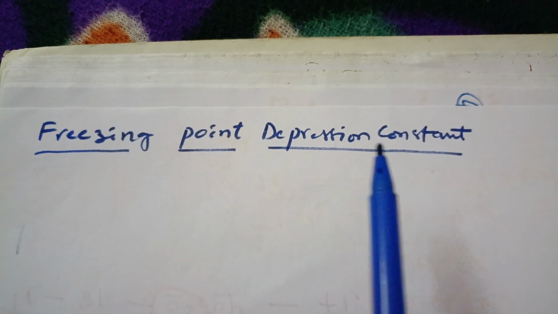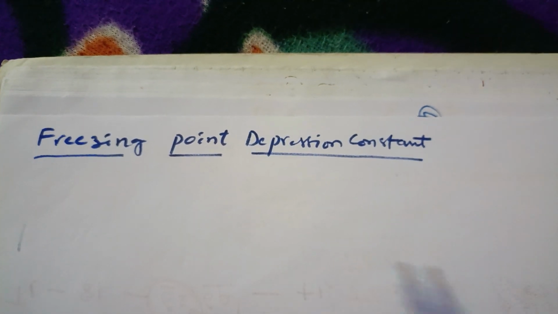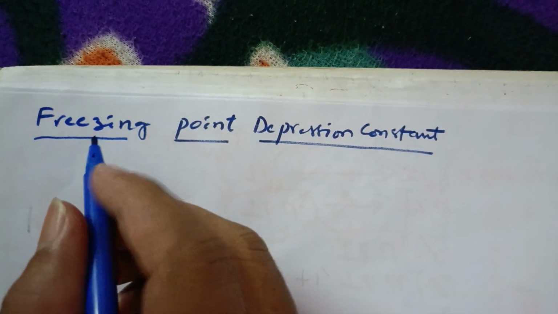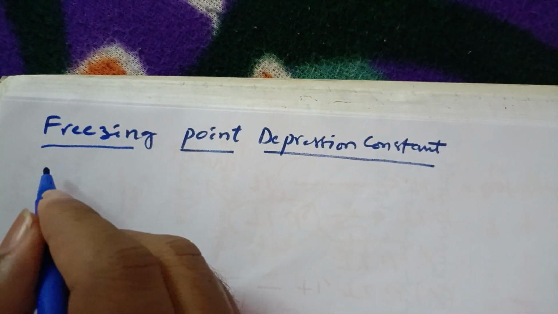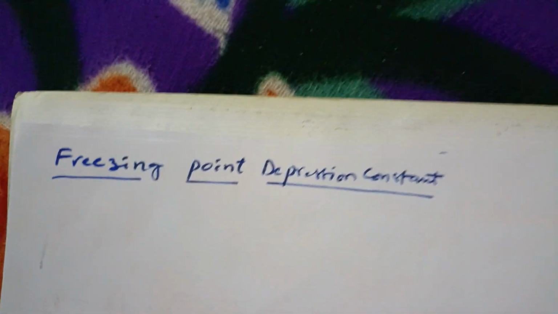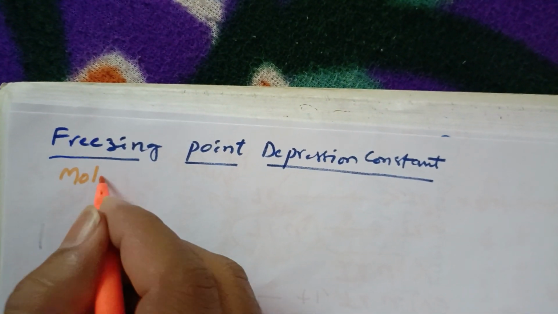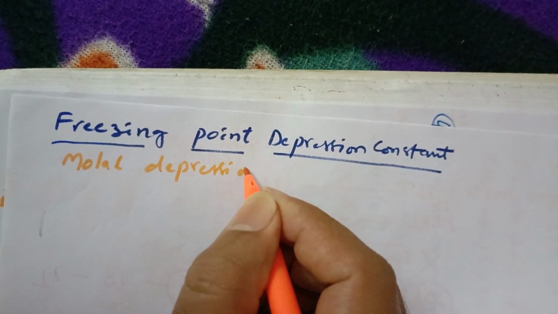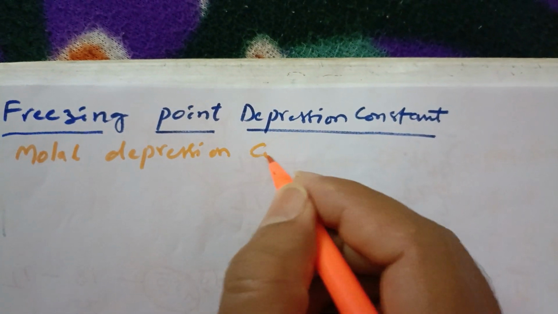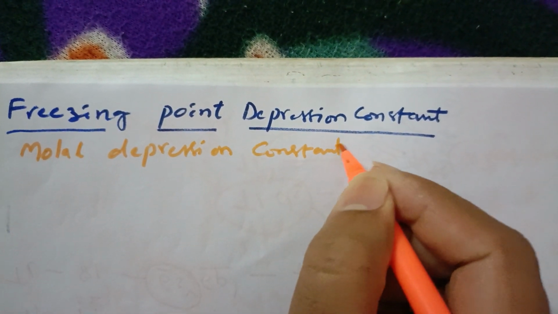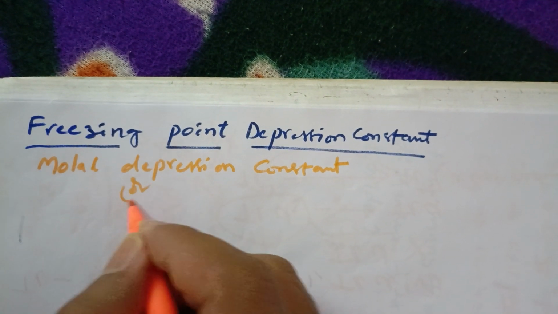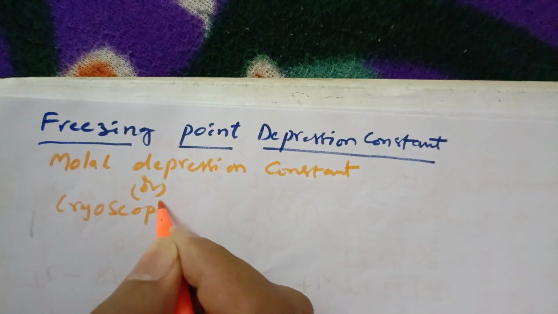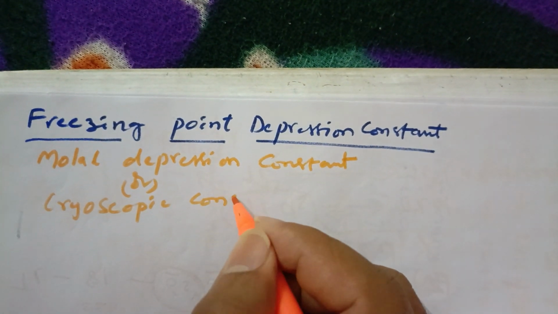This belongs to the solution chapter. This is also called molal depression constant, and also called cryoscopic constant.